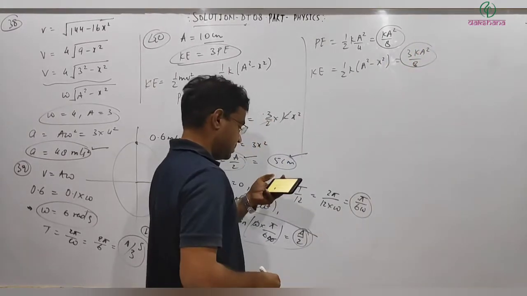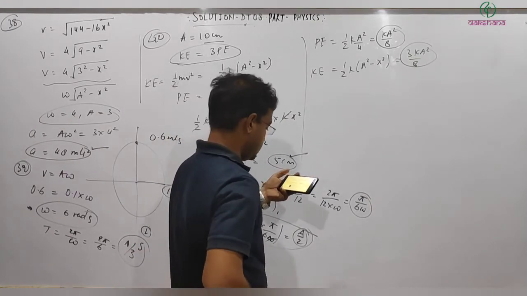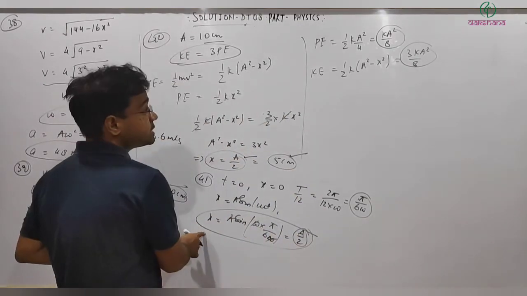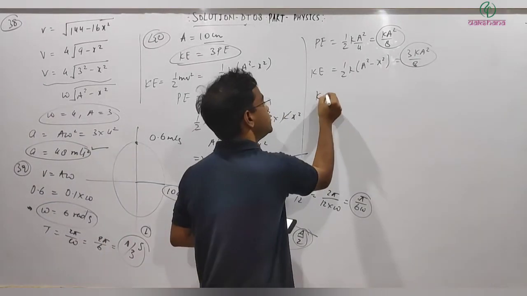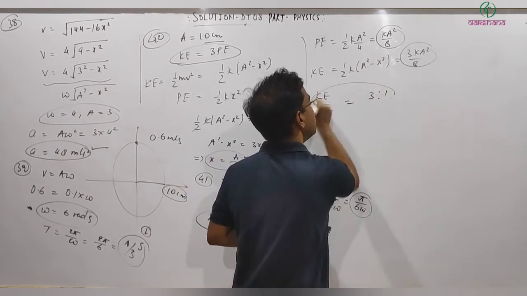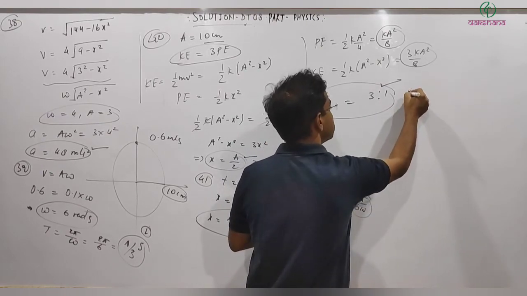Now it's asking about the ratio of kinetic energy to potential energy, that comes out to be 3 by 1. That is the answer to problem number 41, matches with option 2.